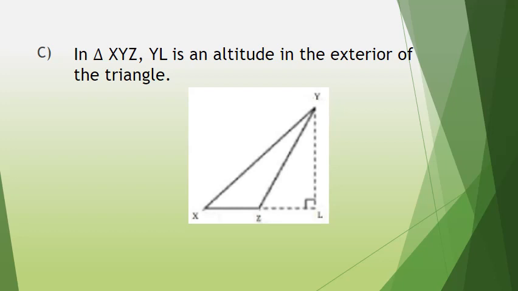From the vertex Y, we have to draw a perpendicular line segment. So you have to extend the side XZ. You have to produce side XZ of triangle XYZ, which meets at the point L. Now YL is the exterior altitude of the triangle.